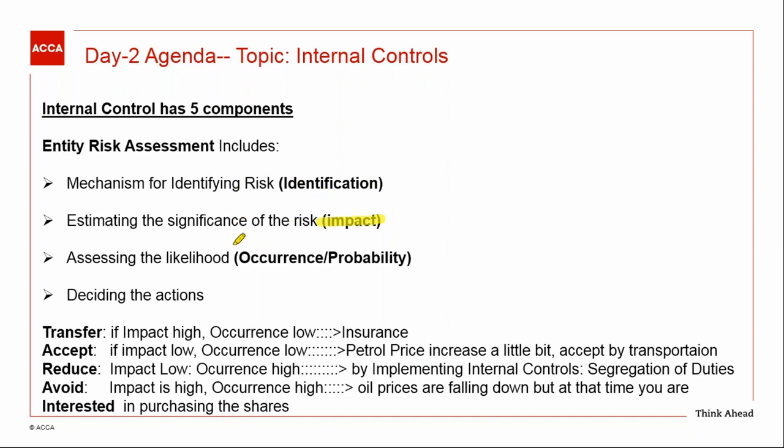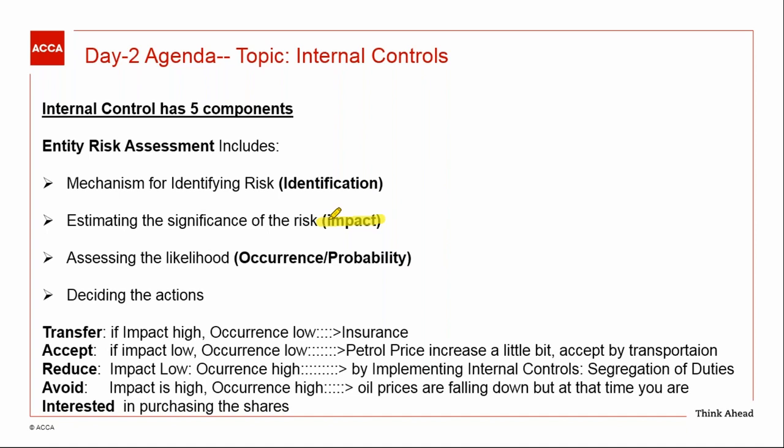So these are all three elements of the risk assessment. First element is identification of the event or risk. Then analyzing or estimating the impact, their output, their significance, their damages.